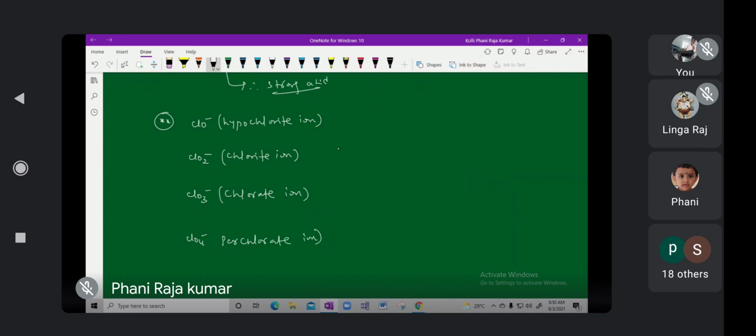Perchlorate ion. If you observe bonding in these four anions, ClO minus: near chlorine, only 3 lone pairs. Next, ClO2 minus: near chlorine, 2 lone pairs.